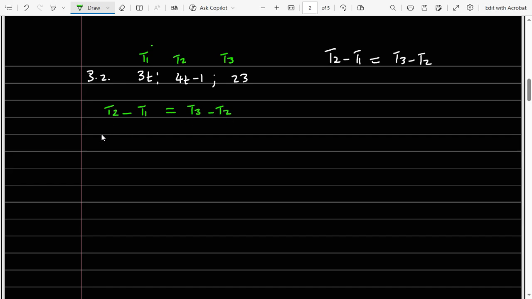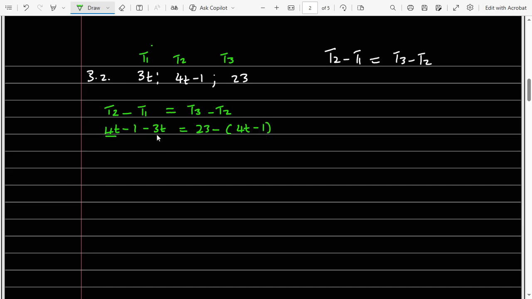So t2, that's 4t minus 1, then minus t1, which is 3t. We equate this to t3, which is 23, minus t2. Please make sure that if t2 is more than one term, put it inside the bracket: 4t minus 1.